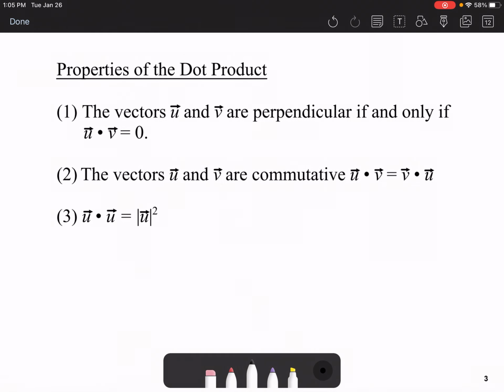So some properties of the dot product. If the vectors u and v are ever perpendicular, then u dot v actually equals 0. This stems from the idea that if they're perpendicular, like this, then cosine theta actually turns out to be 0. And that's why the dot product of these two actually equals 0. Because u and v can be arranged in any format, u dot v is equal to v dot u.